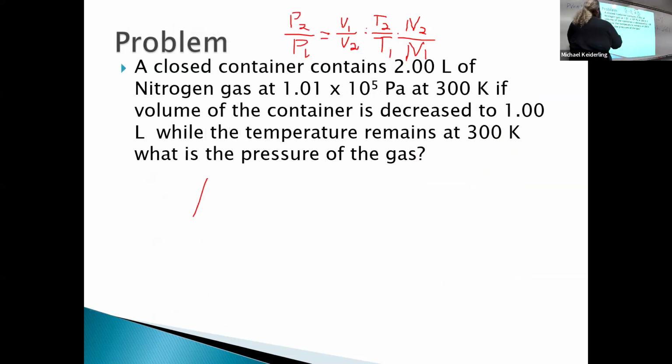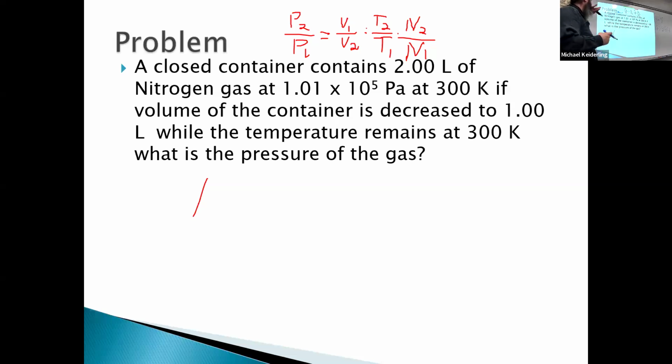So here we have a closed container. Closed means N is constant. It contains 2 liters of nitrogen gas at 1.01 times 10 to the 5th pascals at a temperature of 300 Kelvin.